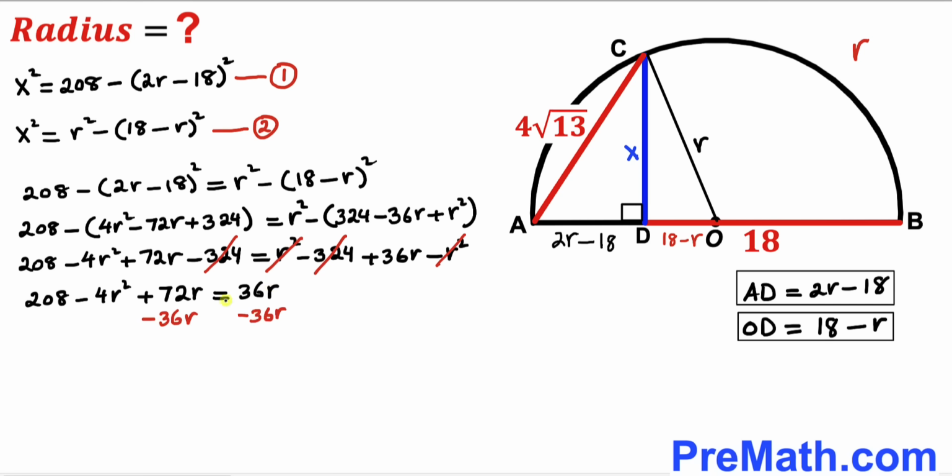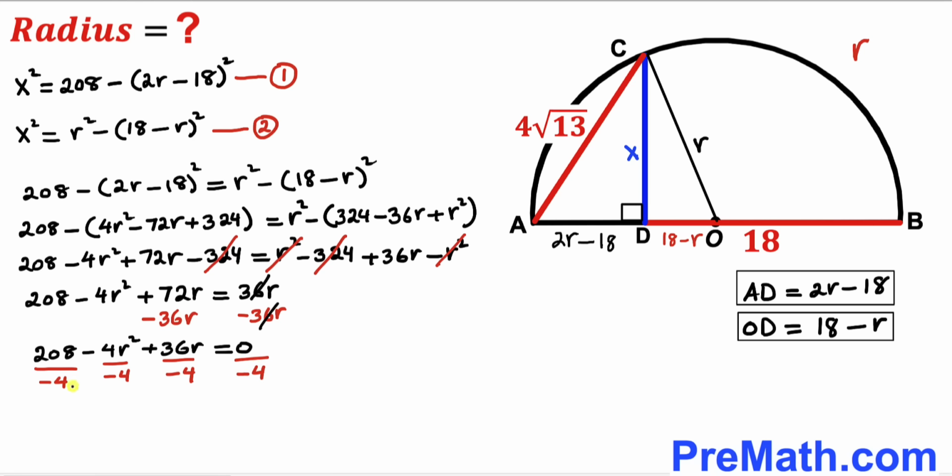And now I am going to subtract 36r from both sides. This is gone. So therefore we end up with 208 minus 4r square plus 36 times r equals 0. And now I am going to divide each and every term by negative 4 to make our job simple. I'm going to divide across the board.